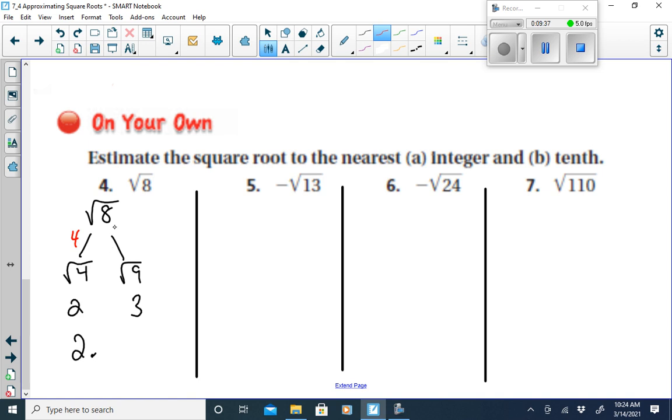The difference from 8 and 9, that's 1. So the difference here is 5. So we use the fraction 4/5. Right? Well, 4/5, we know that is 8/10. Right? So the approximation for the square root of 8 is going to be about 2.8 to the nearest tenth.